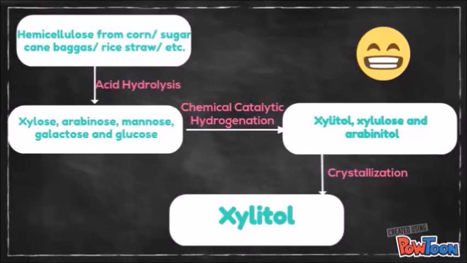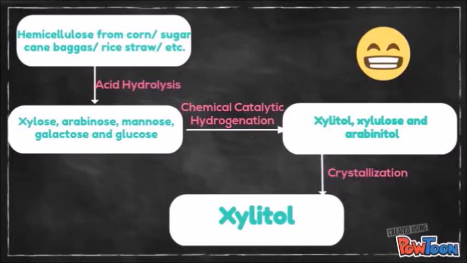These products will undergo a chemical catalytic hydrogenation process that will convert them into xylitol, xylulose, and arabinitol. Among these products, xylitol is the main product with 83%, and the remaining is xylulose and arabinitol.